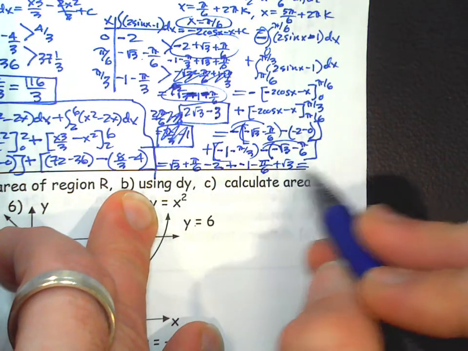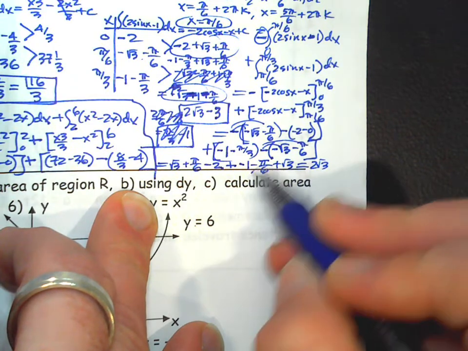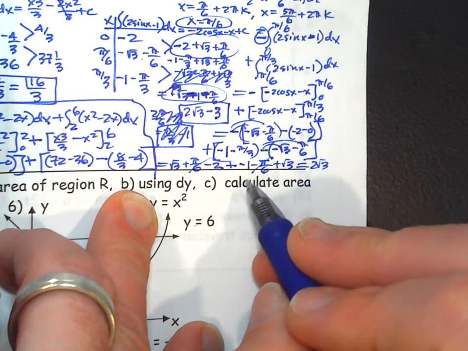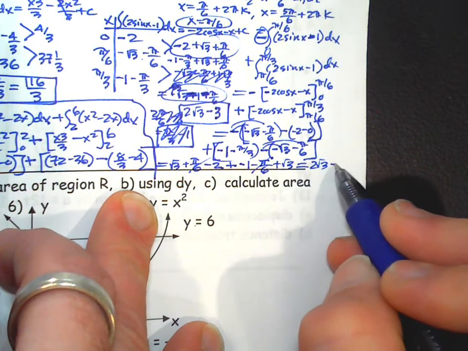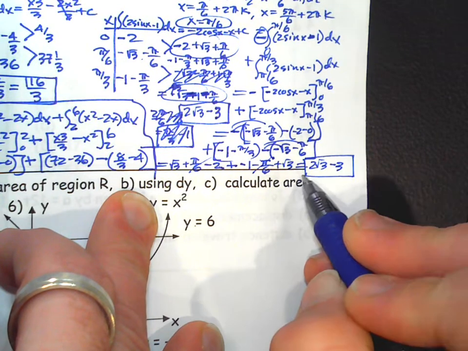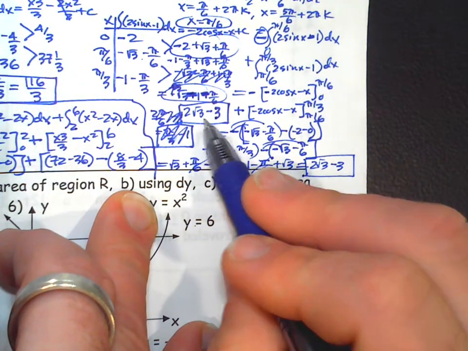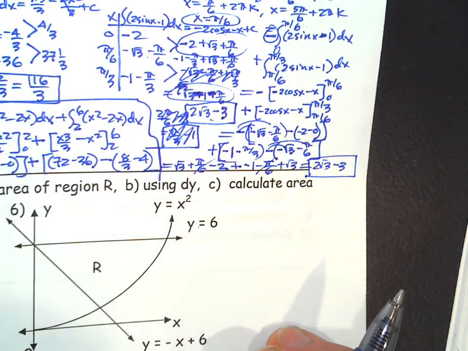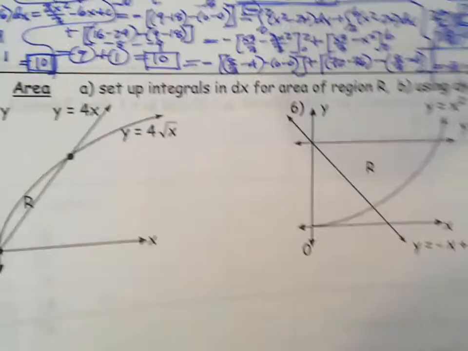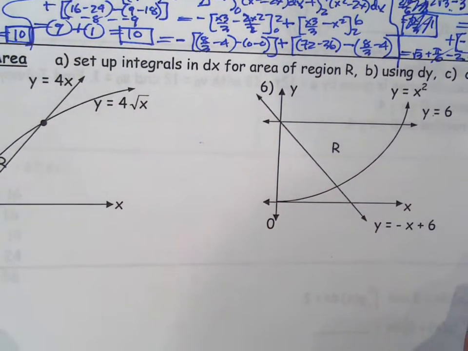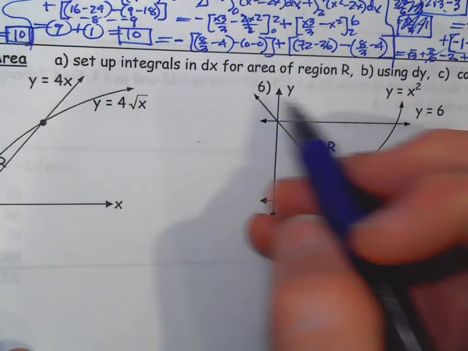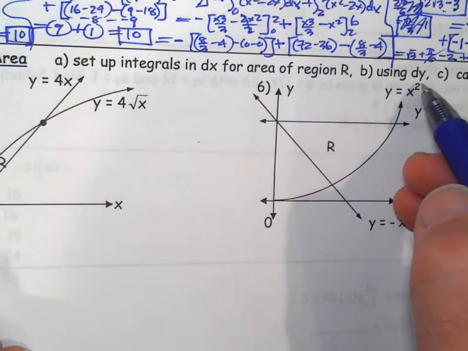And the root 3 and the root 3 give you 2 root 3. The pi over 6 and negative pi over 6 cancel. And the negative 2 and the negative 1 give you minus 3. And you get the same answer that we got that way. Just whichever way you do it, be careful. Okay. Next, we got area, set the intervals in dx and also dy, and then calculate the area.